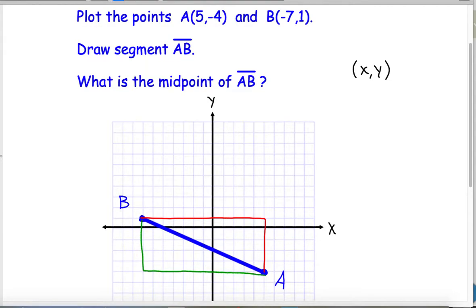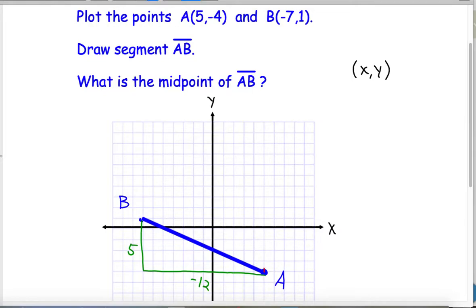But in either case, when you count how far we went, 5 up, that's in the y direction, and we went 12, actually -12 to the left. But if we had done it the other way, it still would have been -12 and 5. So it doesn't really matter which way you think of it. Let's go with the green instead of the red.